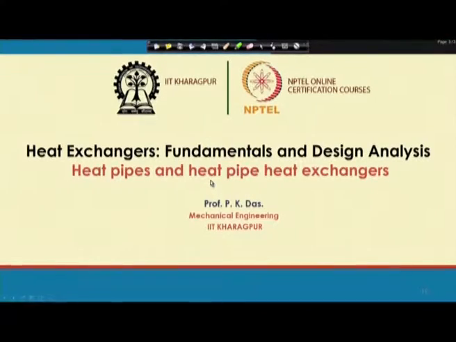The thermal network I have explained at a very basic level, though there could be more complicated thermal network, and the fluidic level we have just started describing. And last lecture I have told that before learning the fluidic network, the fluid flow inside the heat pipe has to be understood. So, again we are continuing with this heat pipes and heat exchanger.